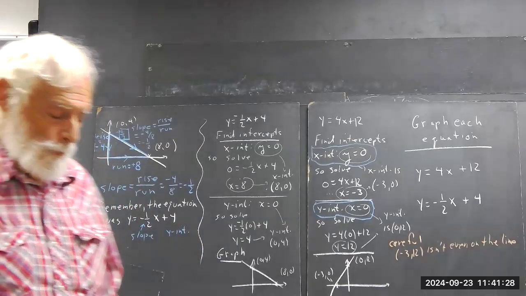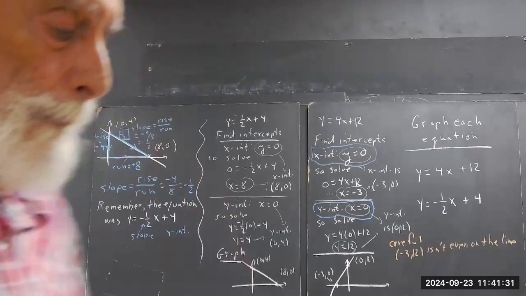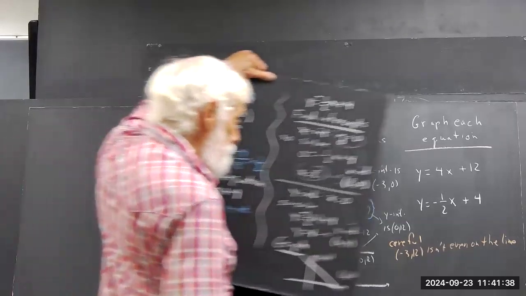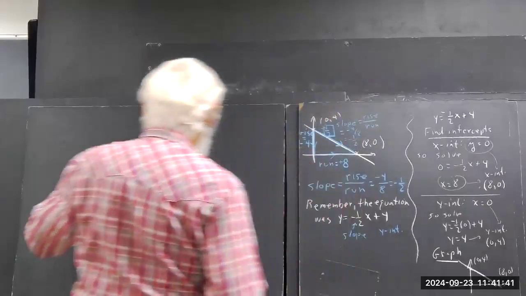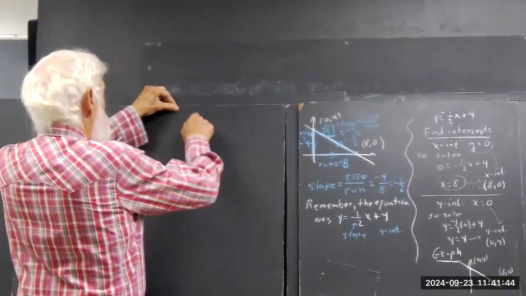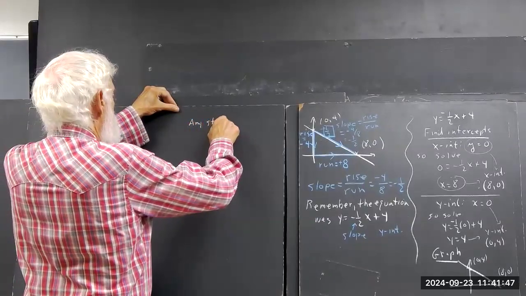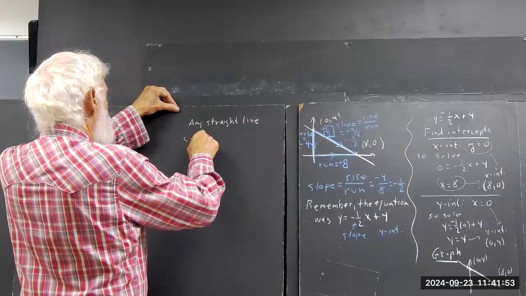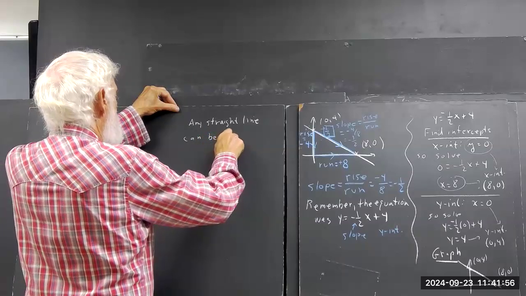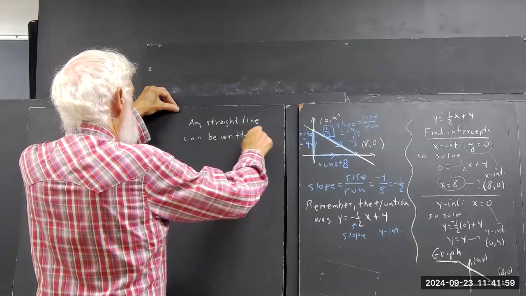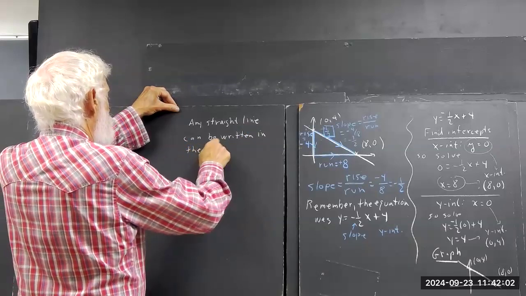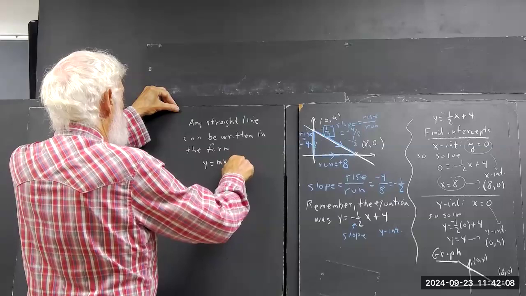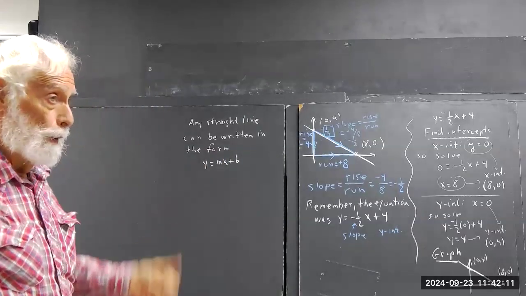For any straight line, any straight line can be written in the form y equals mx plus b.